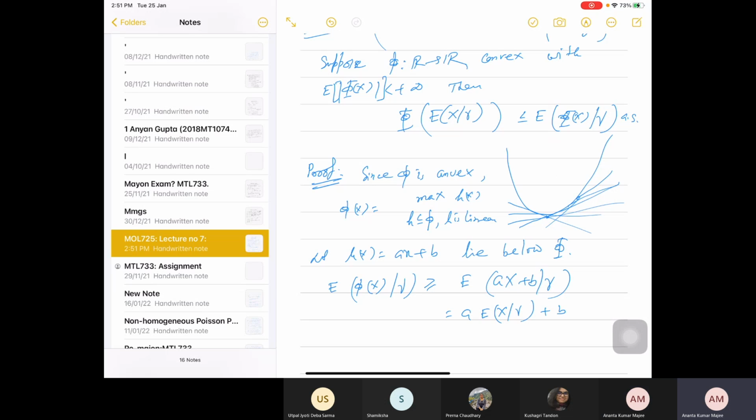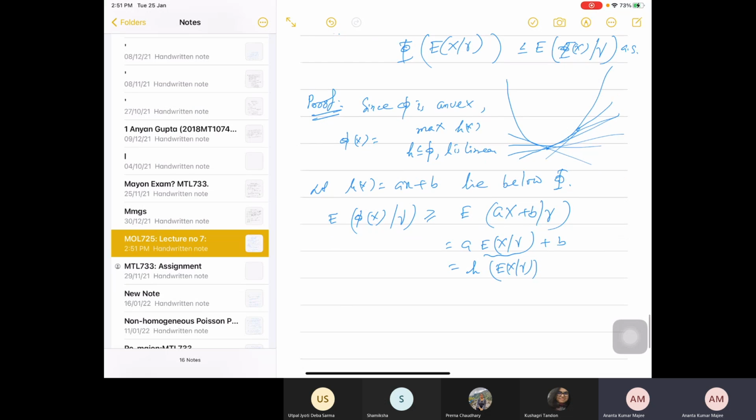Is it not? So now this is nothing but what? The a and b I can put as variables. That means this is nothing but my h of the expectation over x given nu. So what I have is the expectation of phi of x given nu is greater than or equal to h of this part.